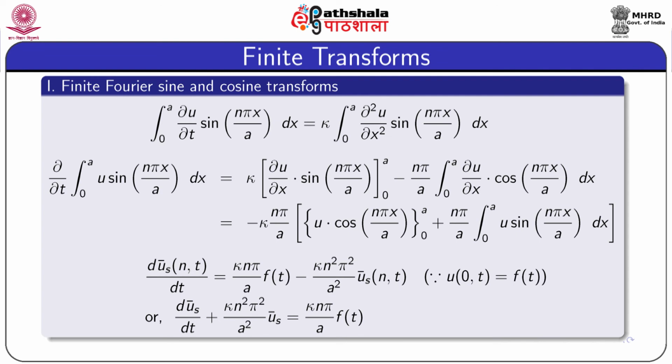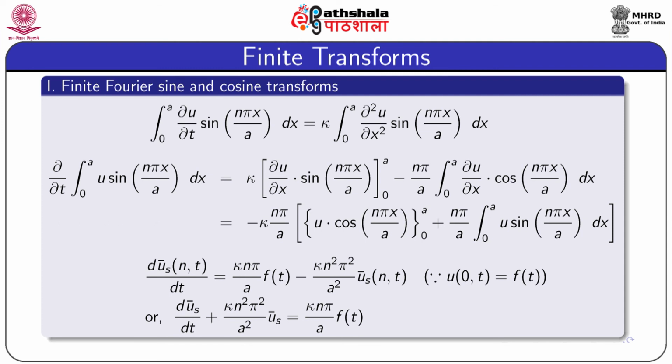In the next line we again apply integration by parts, taking cos(n pi x by a) as our first function and del u del x as our second function. So the value of the integral becomes minus kappa n pi by a [u cos(n pi x by a)] with limit 0 to a plus n pi by a integration 0 to a u sin(n pi x by a) dx.